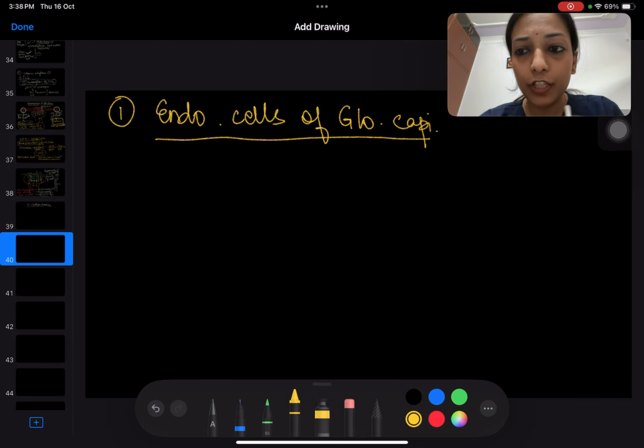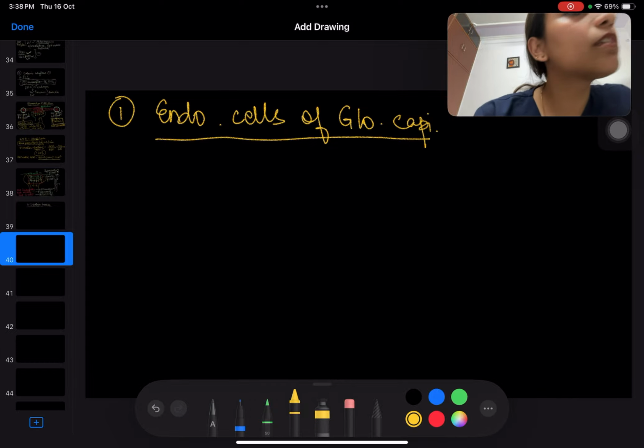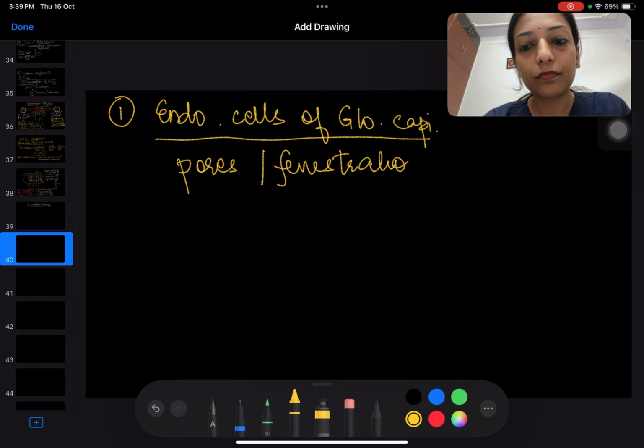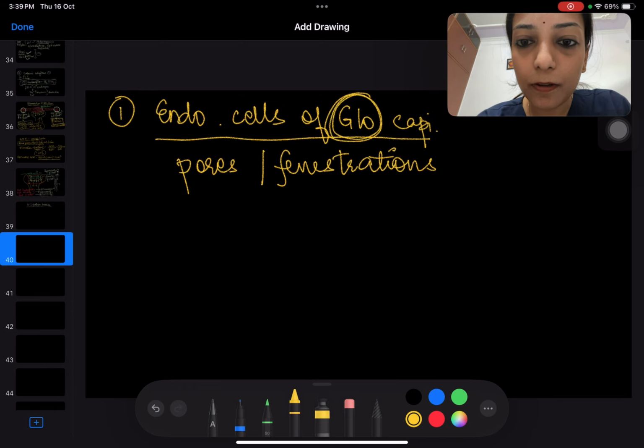So we need to rule out. There are pores and there are fenestrations. This is the endothelial cells of glomerular capillaries. So the glomerulus is giving rise to the first layer.